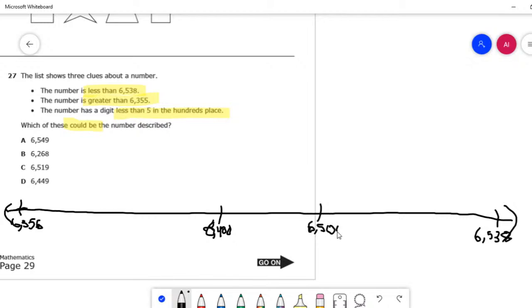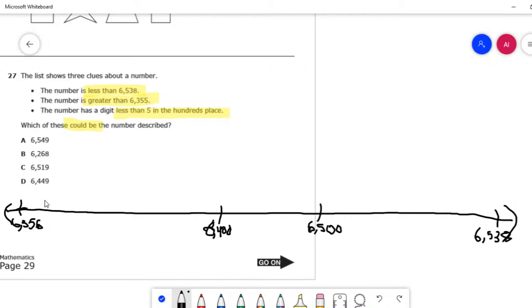And for the sake of this number line, I'm not going to be putting all the numbers equally spaced. I'm just going to be putting a general idea of where everything is, just because this is a really large range of numbers and it'll be really difficult to have every number equally spaced. So we're going to have 6,400, 6,500 somewhere in between.